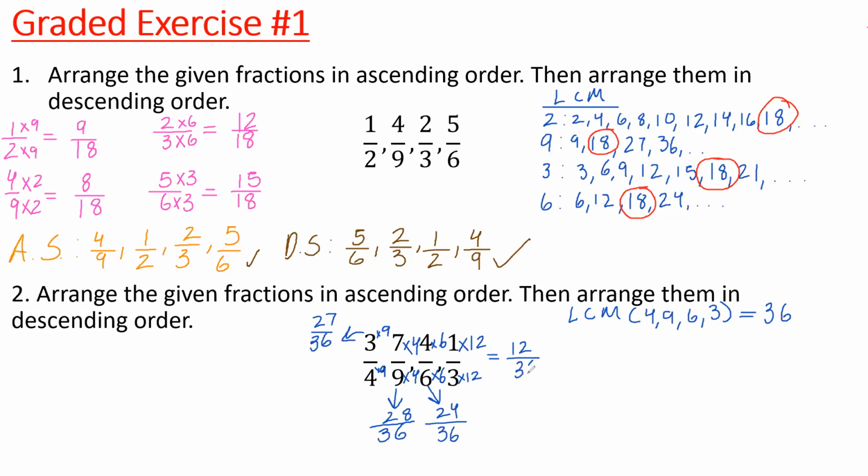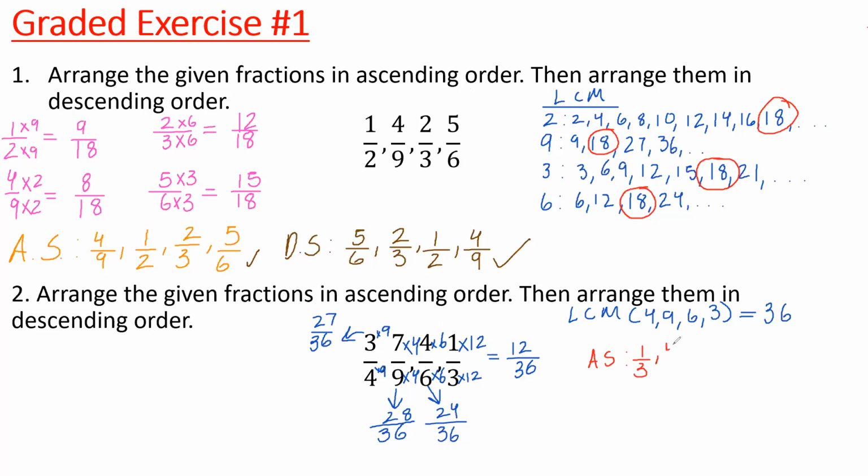Okay, so if we were to arrange this in ascending order, what would it be? It would be 1 over 3, that's 12 over 36, right? Yes, sir. What else? 4 over 6, because that's 24.